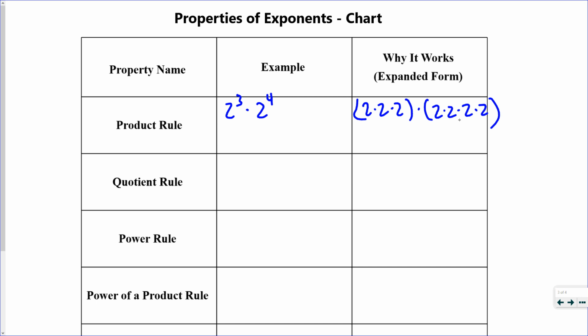So let's think about what's going to happen here. We're multiplying in the middle, these terms, but these terms also have multiplication in them, right? Are these multiplication dots any different than these multiplication dots? No, they're not. It's all multiplication. Multiplication is multiplication.